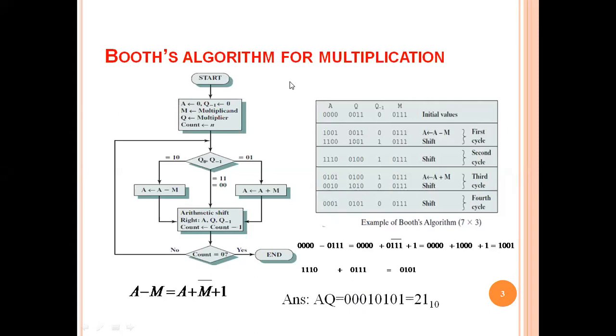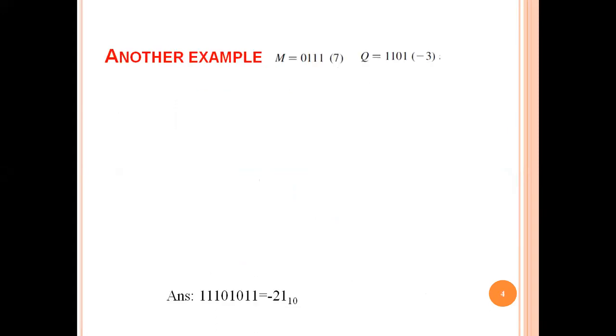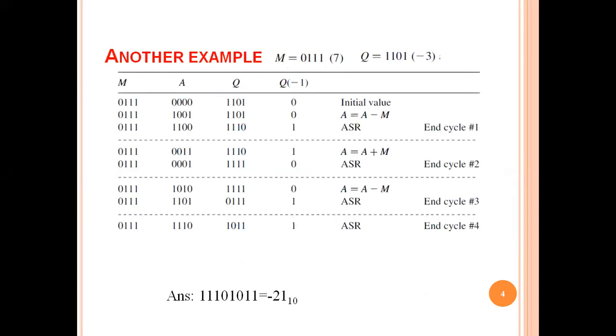So here is the multiplication using the Booth algorithm. Now here is another example. Here we have multiplied the number m is equal to 7 and q is equal to -3. That means that is the sign bit number. So what is the 3's complement?